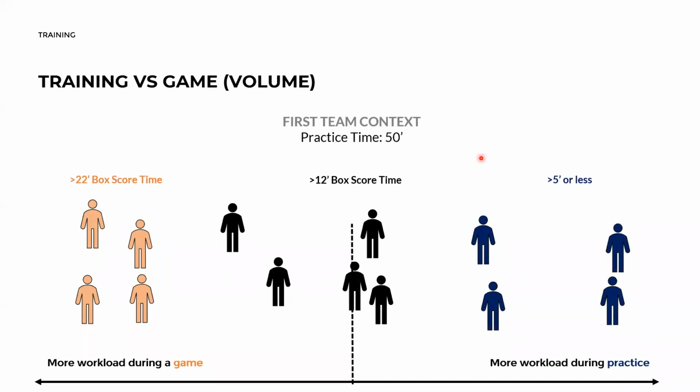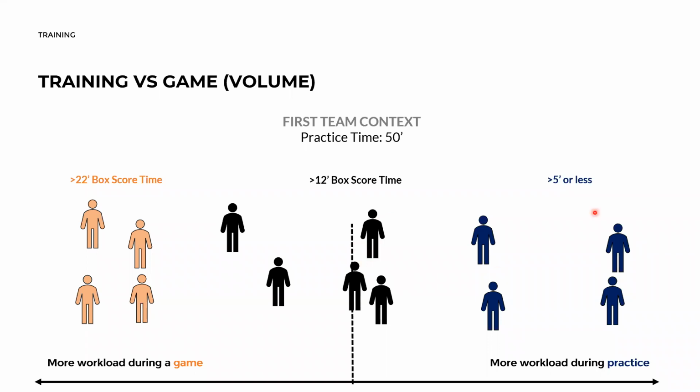So here it's so different, and we have a lot of variability depending on the role. So for example, for players who play more than 22 minutes box score time, right, including warm up, the external load will be higher during a game than during a practice. For players who play around 15 minutes, it will be similar.